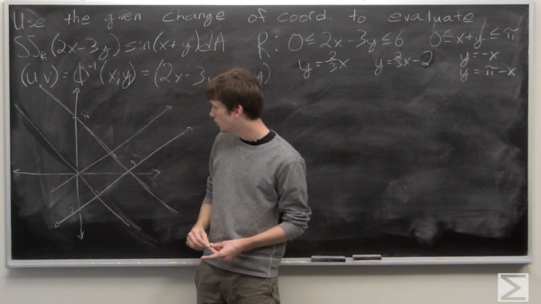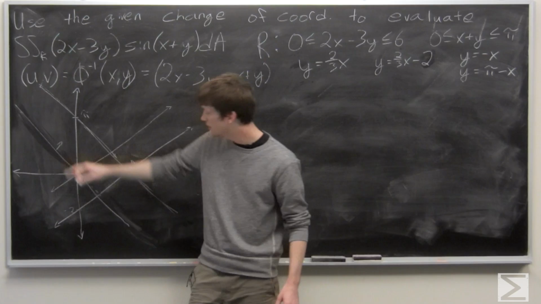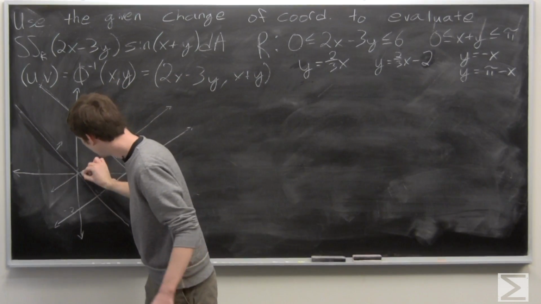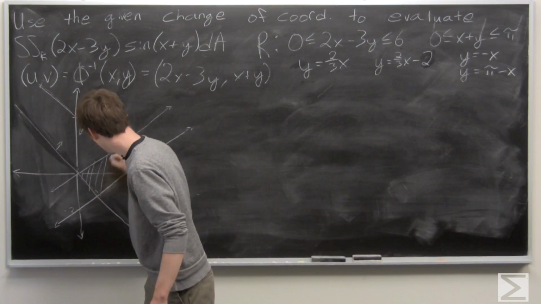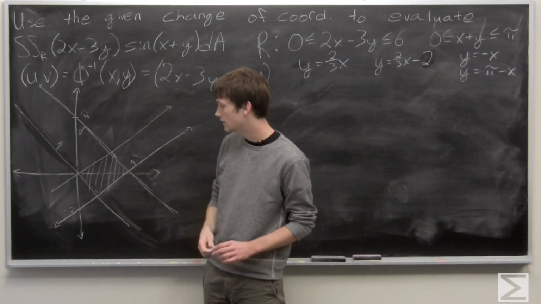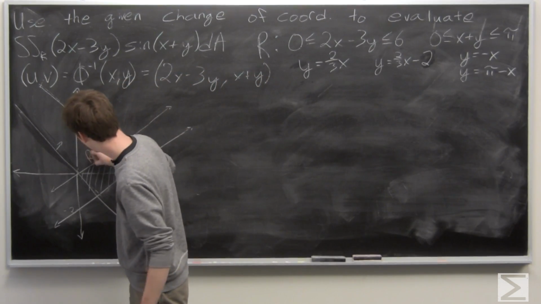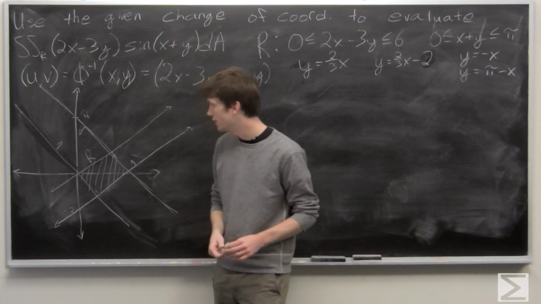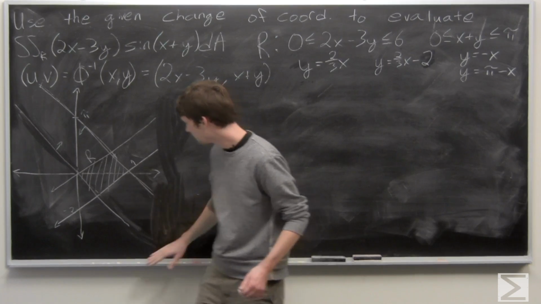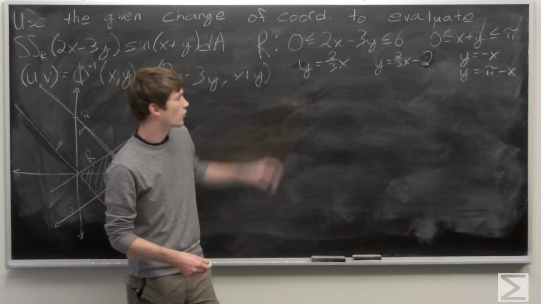Okay, so we're looking at the region in between these two lines, greater than that and less than that. So that means we're integrating over this region. It's kind of a tilted rectangle, rhombus-like shape. So that's our region R. Now we want to use our change of coordinates.